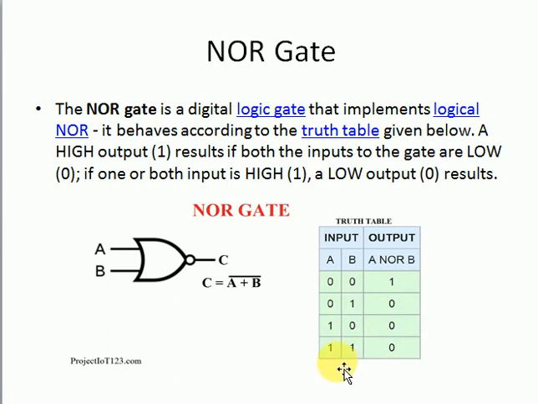Even when both inputs are high, the output is low. Such a gate is known as the NOR gate, and this is the symbol of the NOR gate. If the input is A and the other input is B, then the output is C, where C is equal to (A plus B) whole complement, and that is equal to A complement dot B complement.